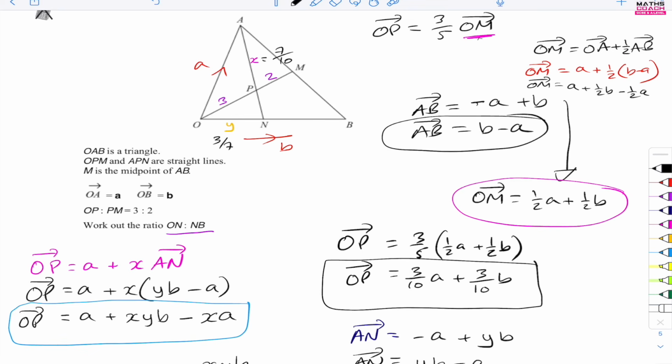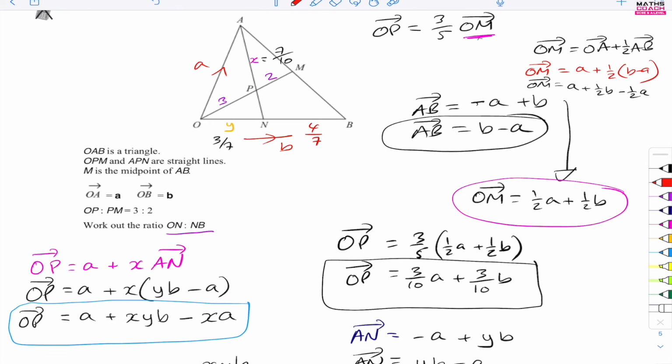We are trying to work out the ratio O to N and then N to B. If you look at this, this is 3 parts out of the total of what? Of 7 parts. So that means N to B would have to make up the full 7 over 7. So that means N to B would be 4 over 7.